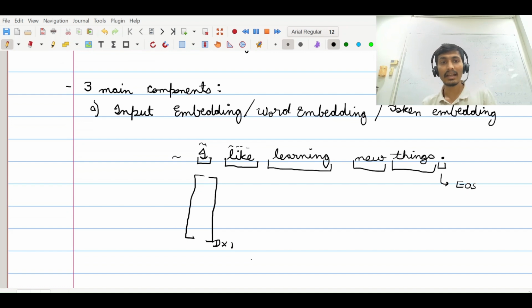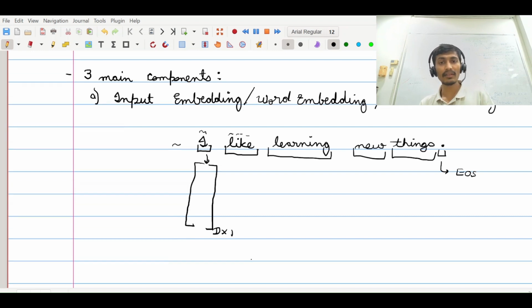So instead of saying word or a character, depending upon the earlier choice people have made, we call them a token, and these are vectors corresponding to the token.